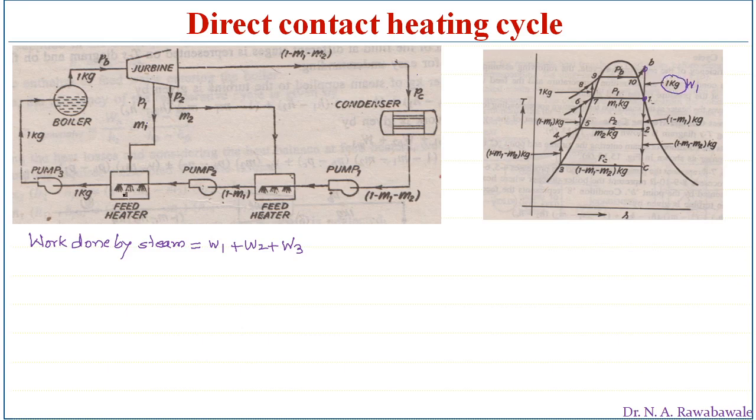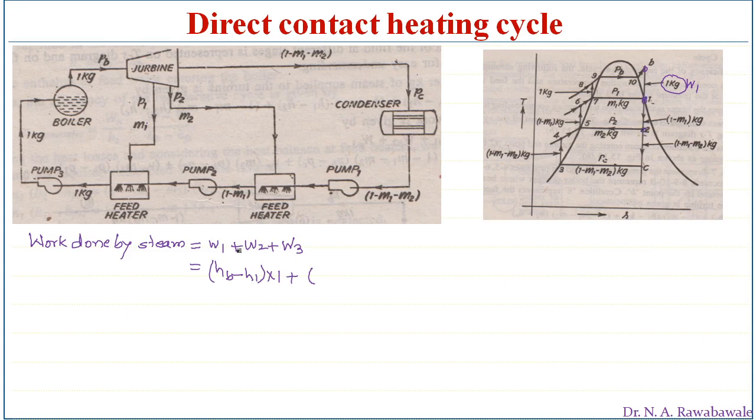Okay. So now work 1 can be written here as HB minus H1 into the mass of steam, which is 1 kg, plus the work done in the second stage, which is between point 1 to 2.